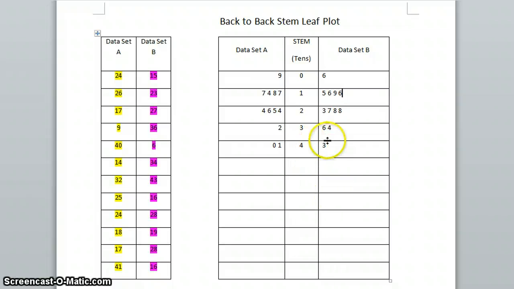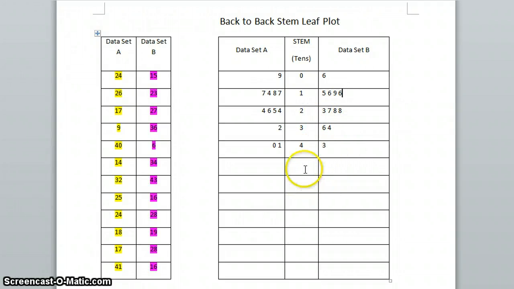I can quickly pick out the mode, that is the most frequent number, for both sets of data. Over here we have two 17s and we have two 24s. And on this side we have two 16s and two 28s.